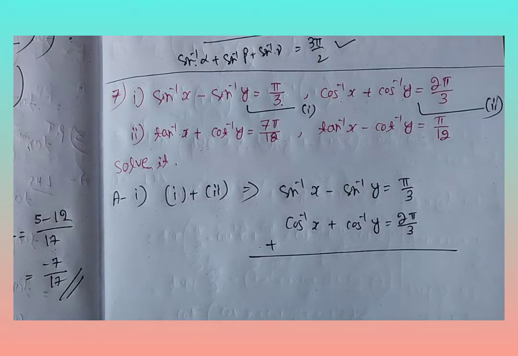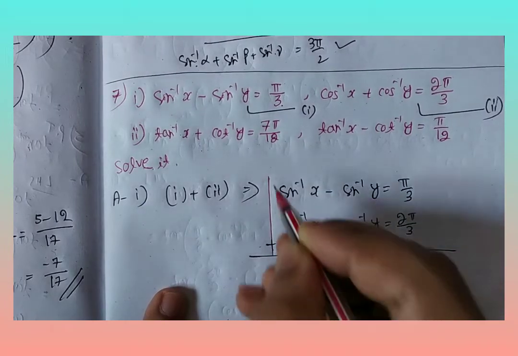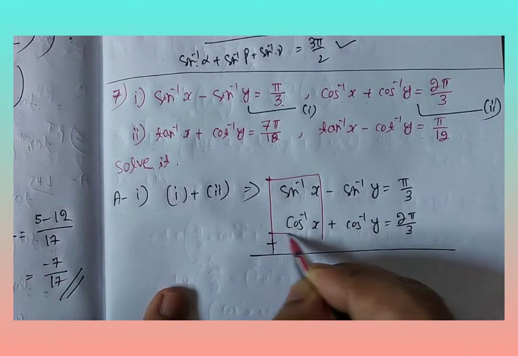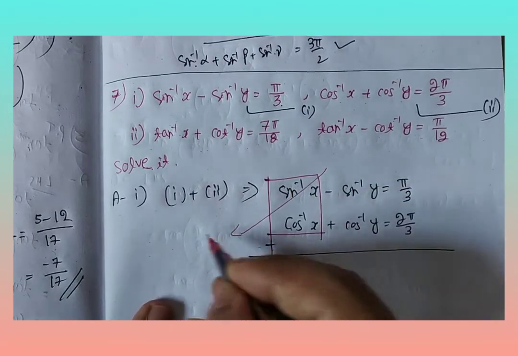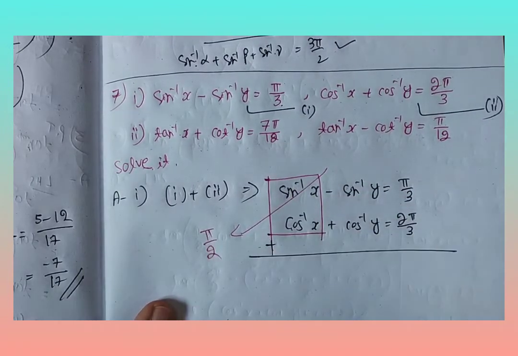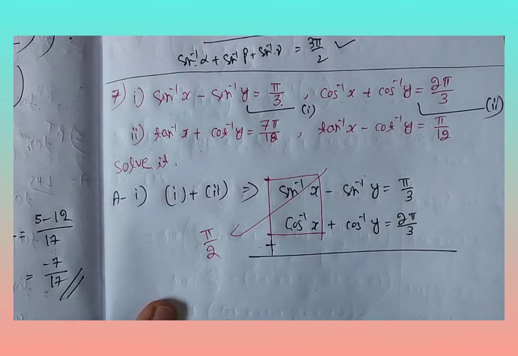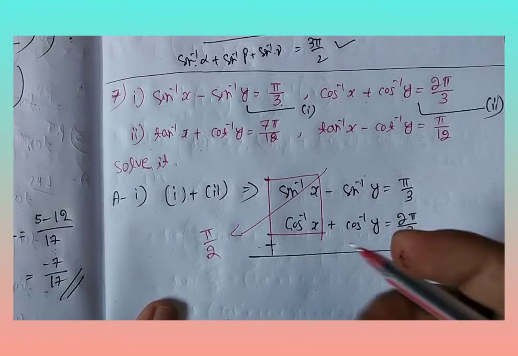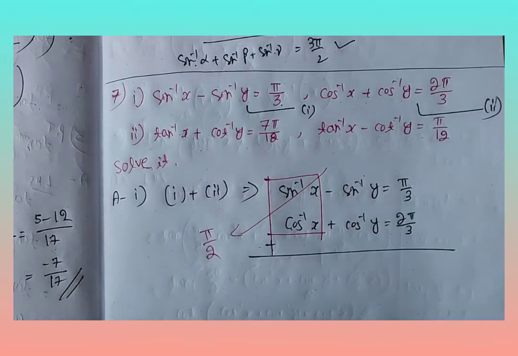Why not subtract? Because if you add these two equations, sin inverse x plus sin inverse y is equal to pi by 2. Or you can subtract also. If you subtract, these two terms are equal to pi by 2. You can do either addition or subtraction, depending upon the question. In this question you can add or subtract.